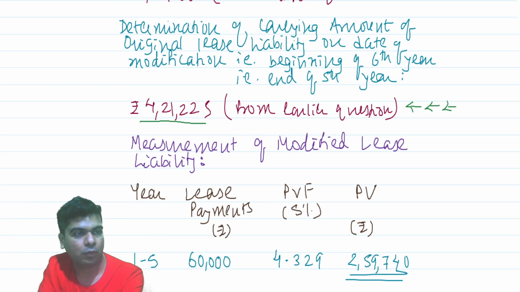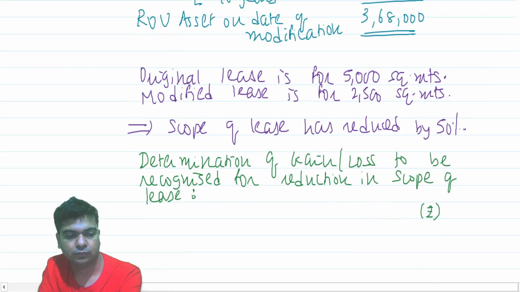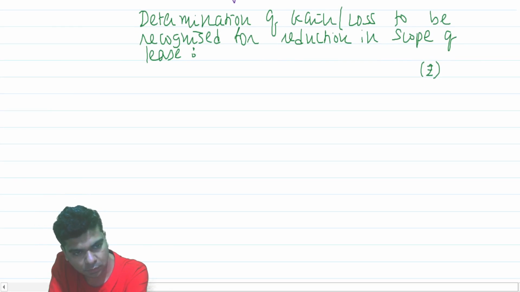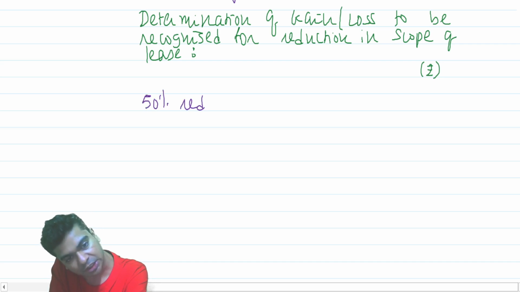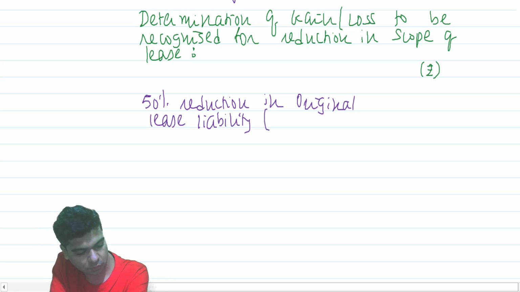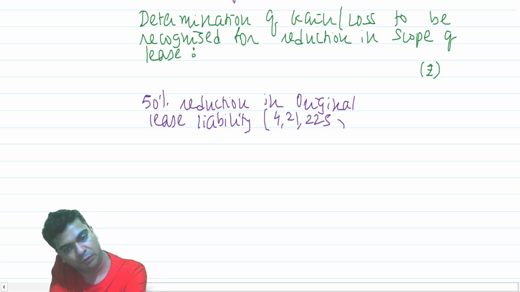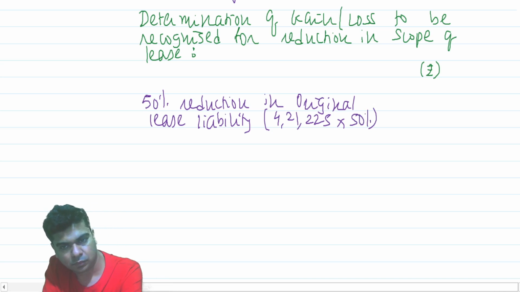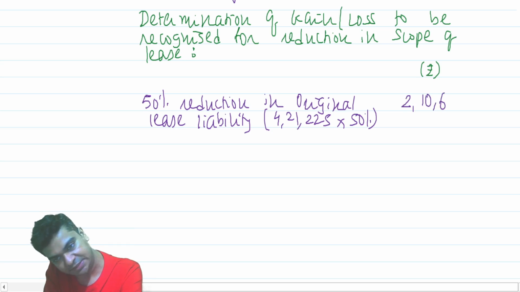So we say 50% reduction in original lease liability. 421,225 into 50% is $210,613.